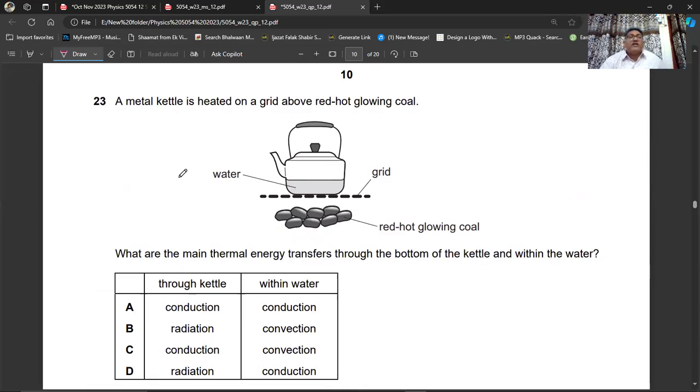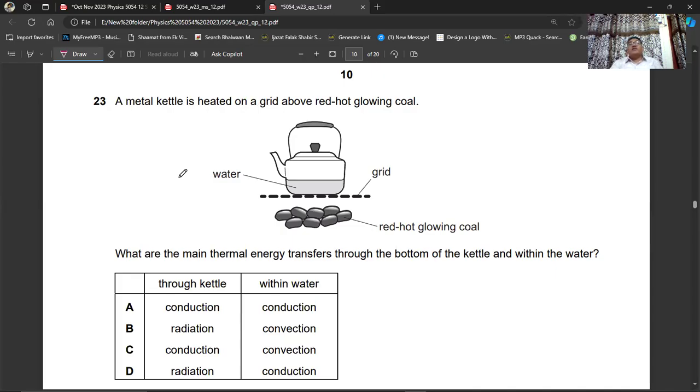Question number 23. A metal kettle is heated on a grid above red hot glowing coal. What are the main thermal energy transfers through the bottom of the kettle and within the water? Through the kettle, because this is metal, conduction will take place.